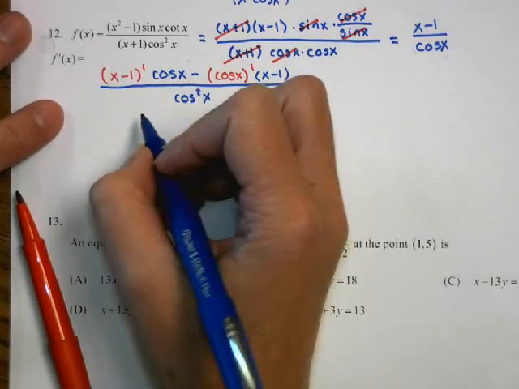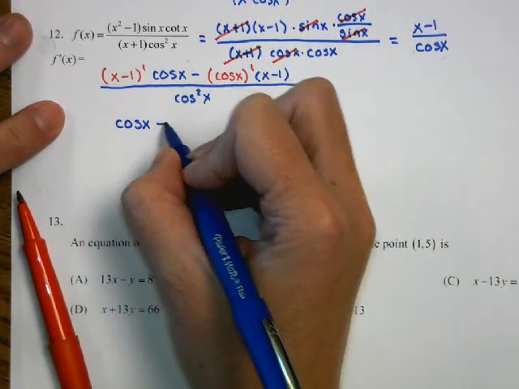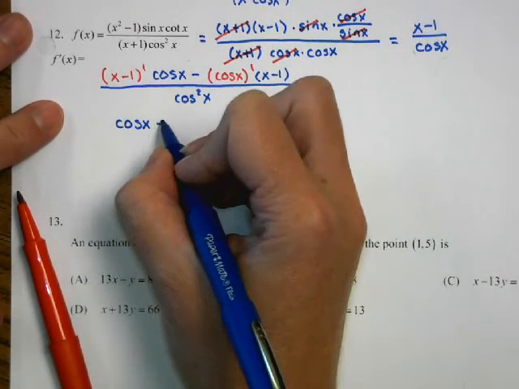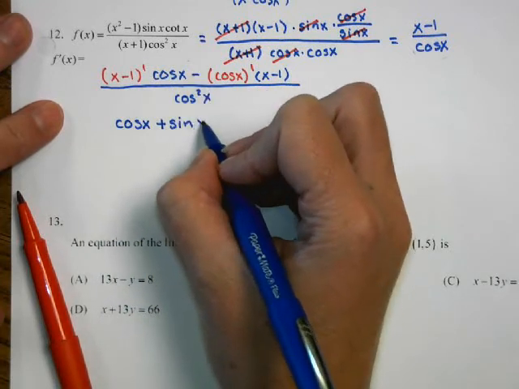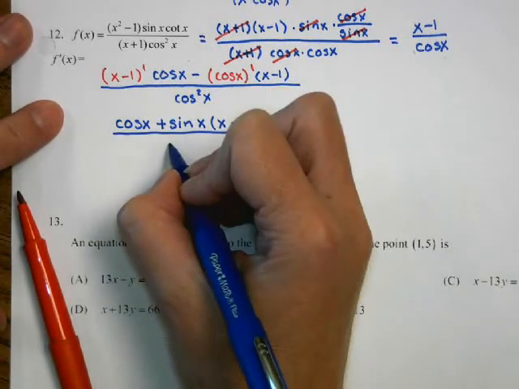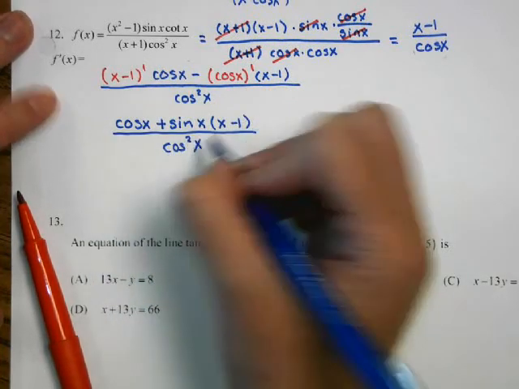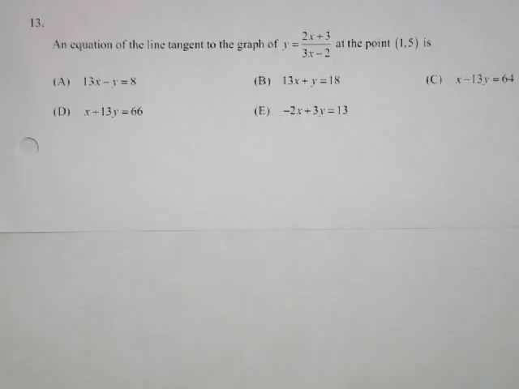So the derivative of x minus 1 is just 1. Derivative of cosine is a negative sine, so that negative will become positive, all over cosine squared x. So the moral of the story is, if you can make it simpler, do it.